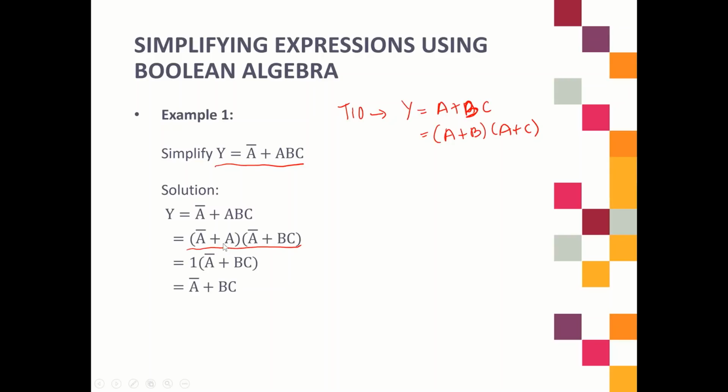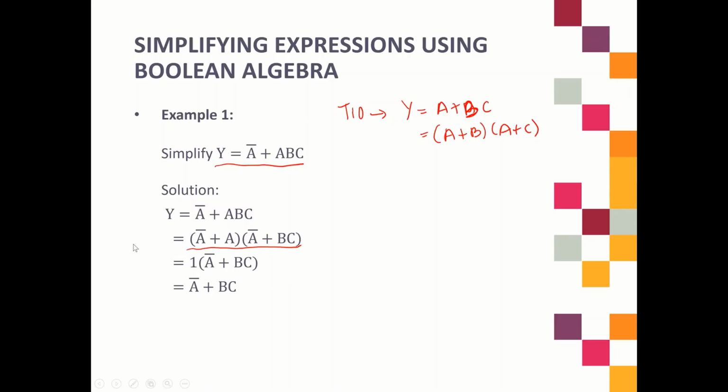When we apply theorem 10, what we do next is find other theorems that we can use to simplify the expression. So this is another theorem that we can apply, for the first term between A bar plus A. A bar plus A is equal to 1. This is another theorem that you have in the list of Boolean algebra theorems.